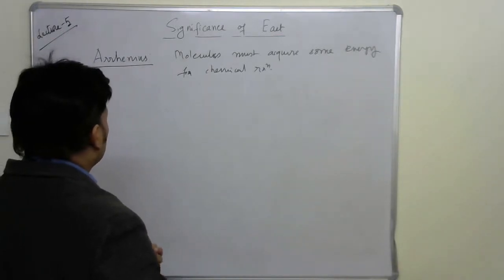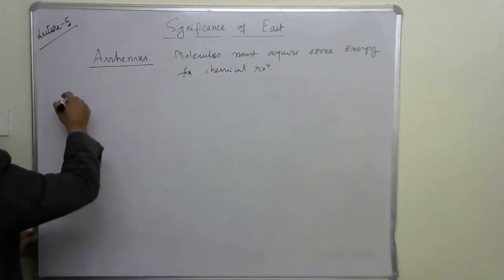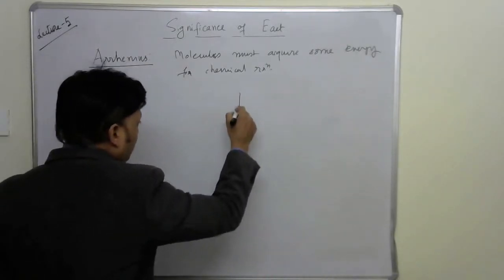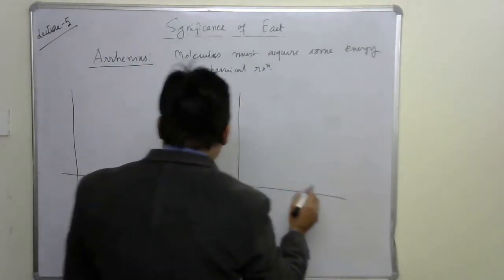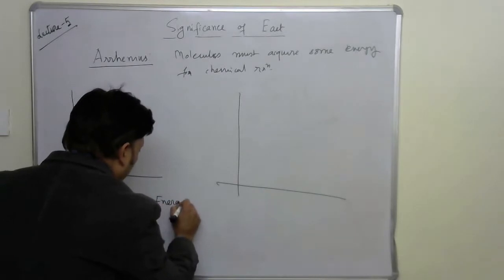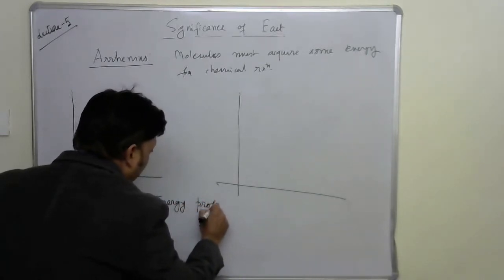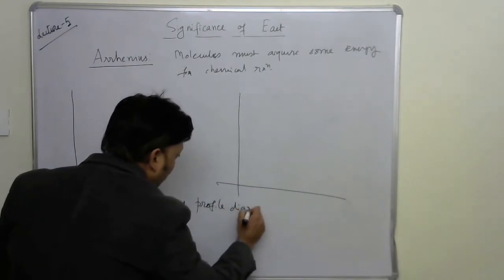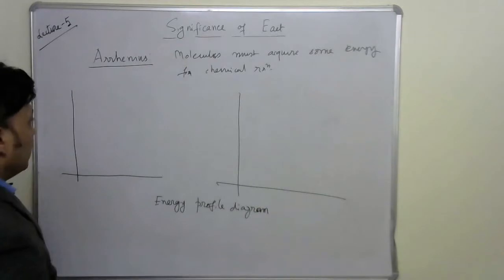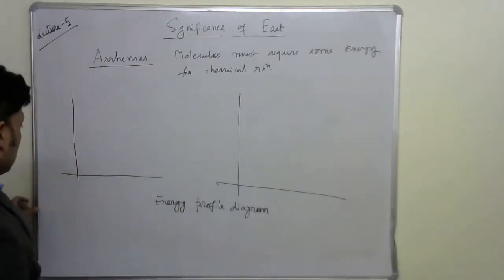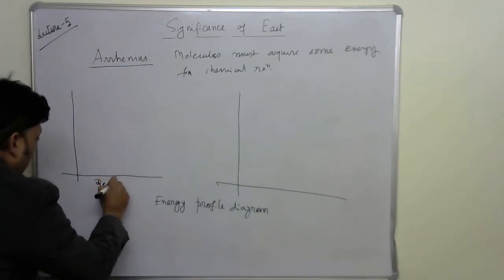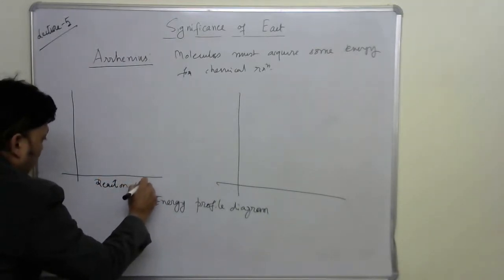So the scenario can be presented by a set of graph plots, and those graph plots are typically called the energy profile diagram. Why is this called so? Because in the x-axis we plot a parameter called the reaction coordinate, or RC.